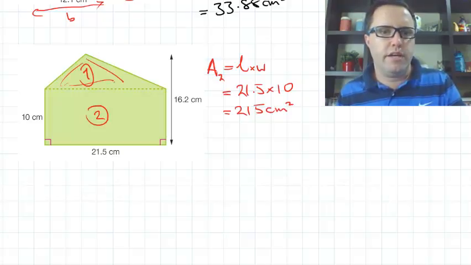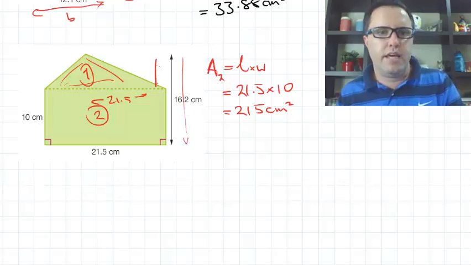Okay, now this top piece, this triangle here, it has a base of 21.5, but its height we don't know yet. This whole thing's 16.2, take away the 10, and we are left with 6.2 as our height, okay, as our perpendicular height.